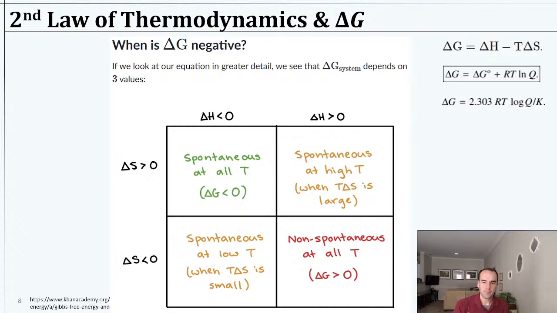It will happen. So when delta H is less than 0 and delta S is greater than 0, delta G is always spontaneous.